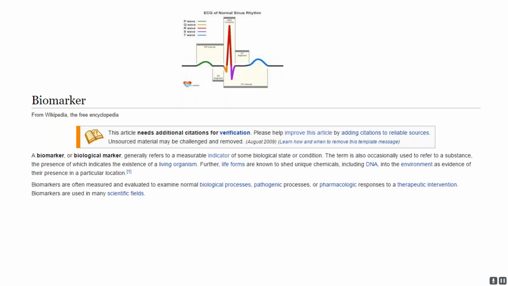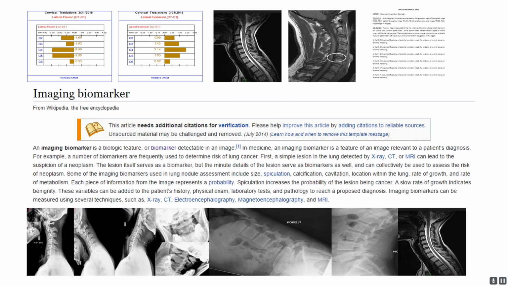So they're a measurable, keyword, measurable indicator of a biological state or condition. Now we also have imaging biomarkers. And imaging biomarkers are incredible because they make practice incredibly easy for the spine practitioner. Right? We have biomarkers, and what does it indicate? It indicates a condition that's detectable on an image.